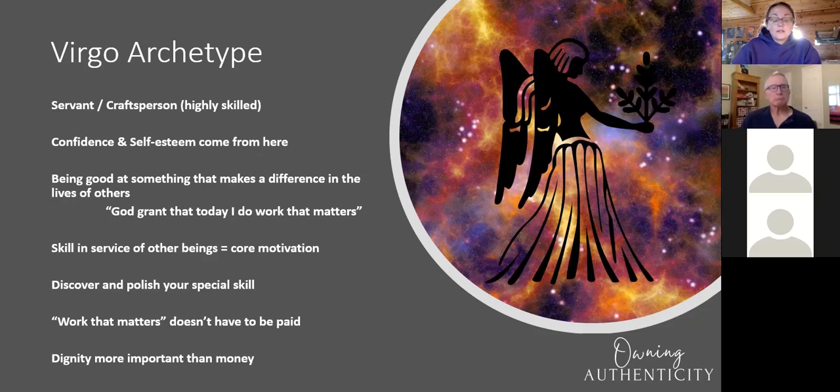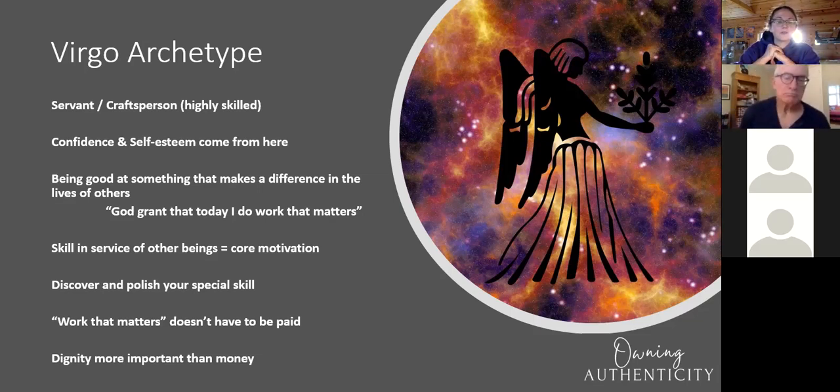It's about making ripple effects that matter in the lives of other people. That servant mentality, or craftsperson, is about helping someone else. In Virgo territory, we've left ourselves behind and we're now focused on making an impact in the collective. That's where the light side of Virgo is radical self-love. The shadow side of Virgo is you have no self and you are a slave to the collective, which is not healthy either.